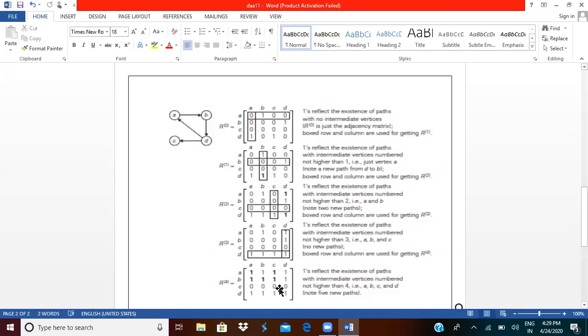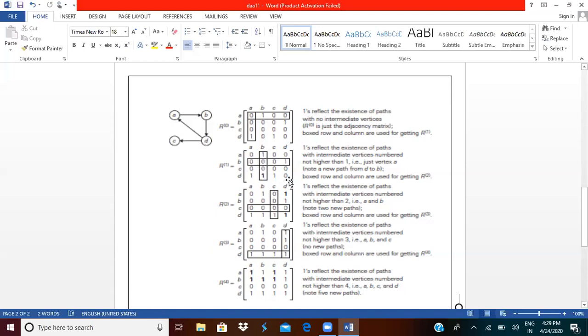Now remember, this is the rule. If you are traversing from one vertex to another vertex, and you have A, B, C, D as the intermediary vertices, it is not a compulsion that you should always get A, B, C, D as intermediary vertices. It should be maximum 4 or less than 4. In this matrix, maximum A I can take.